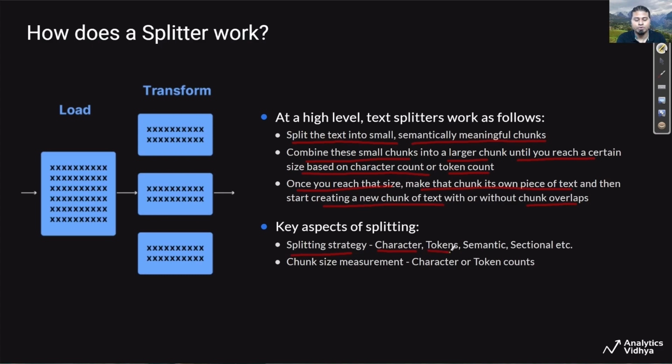Let's say you say that the chunk size is 100 tokens, which means it will roughly try to fit anywhere between 90 to 100 words. Similarly, you can do semantic or sectional based chunking, as we saw with the unstructured data loaders, where you can chunk the main sections based on the relevant titles or headings of the document. Chunk size measurement is typically done in the form of character or token counts.